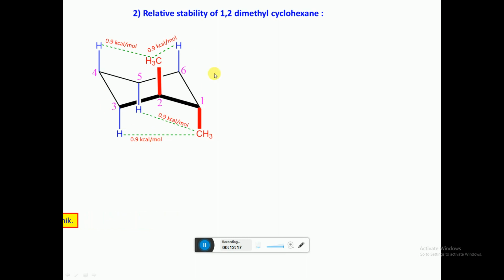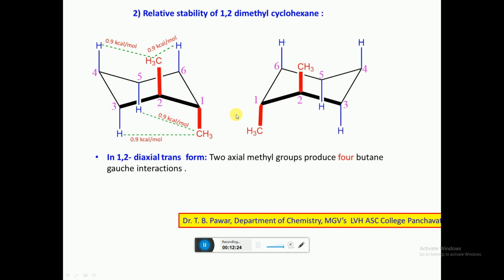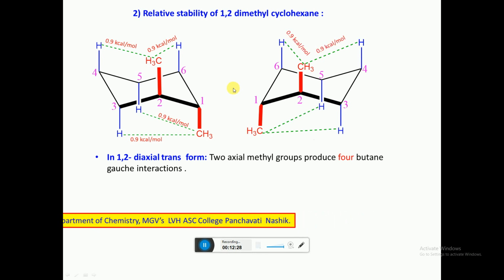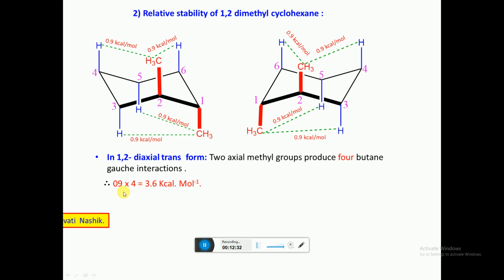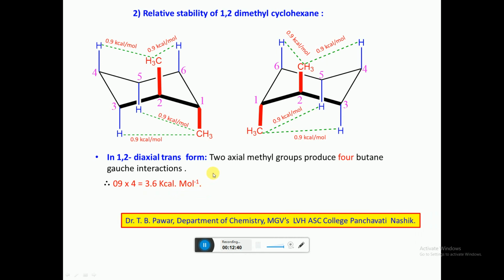So the total interactions are 4 interactions, the same as 4 gauche interactions. The energy becomes 0.9 multiplied by 4, and the total energy becomes 3.6 kilocalorie per mole.